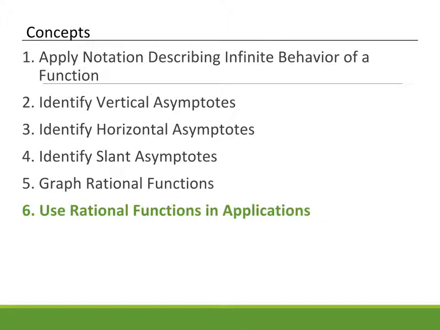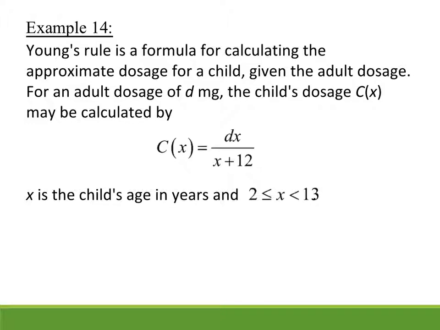Our final objective is to look at maybe a potential application problem. So in this case, Young's rule is a formula for calculating the approximate dosage for a child, given that for an adult dosage of D milligrams, the child dosage C of x may be calculated in the following manner. x is the child's age in years between the domain of 2 and less than 13.